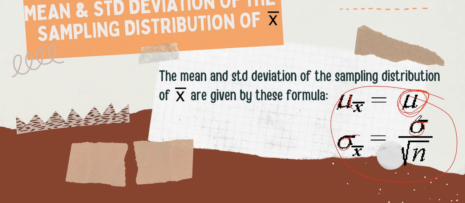This one is the standard deviation of the population. Okay, so maksudnya to get the mean of sample mean, you need to have the information of the population. You need to remember how to find it. This formula you need to remember.